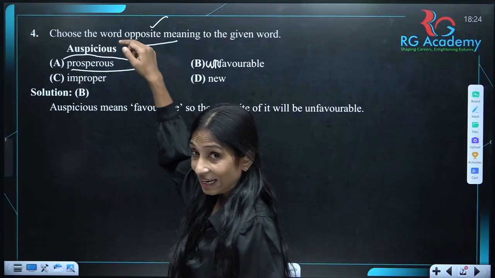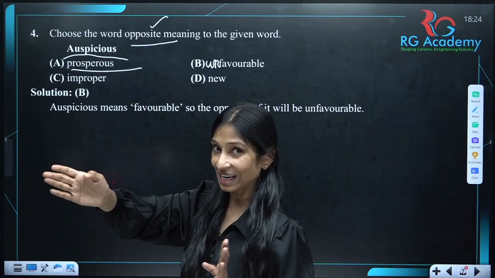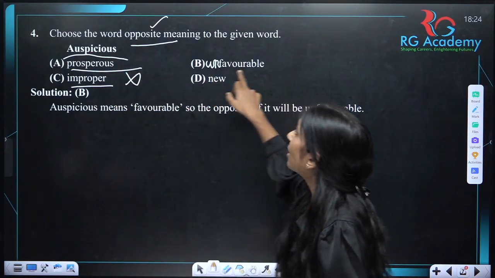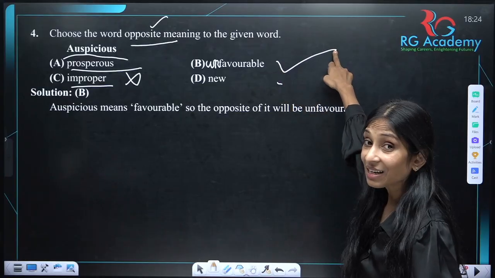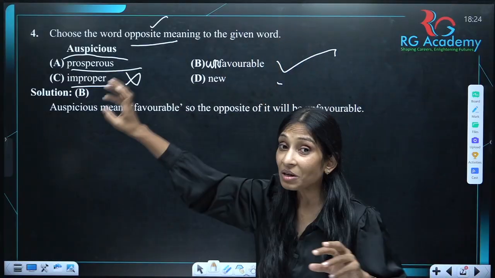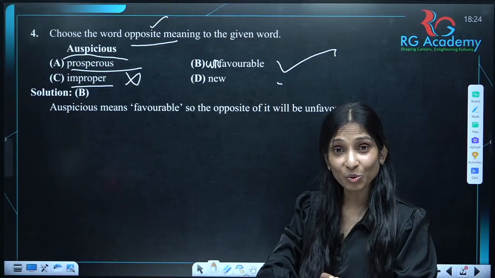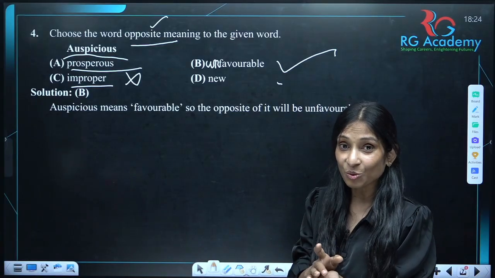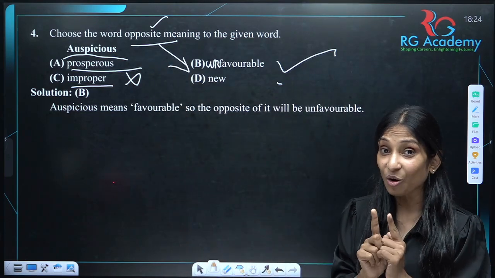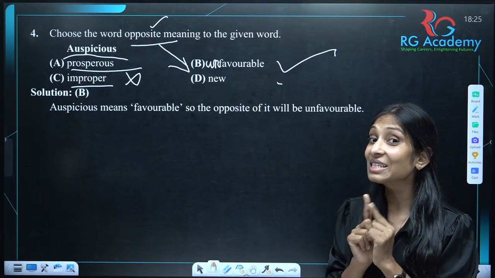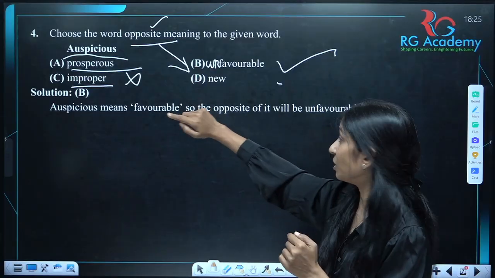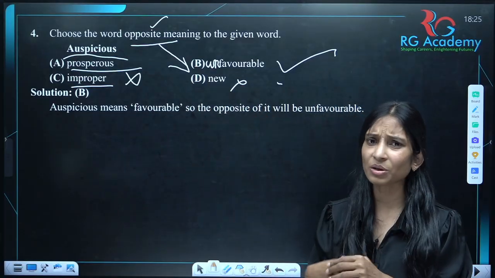Prosperous, not exactly, because we are talking about the right time, right? Improper, obviously not, and unfavorable, yes, it is the correct answer. Why? Because I am continuously telling you that the word auspicious means favorable time of doing something or right time for doing something, and here, as we have been asked the opposite of the word, unfavorable is the correct answer, and new is wrong because it doesn't suit.